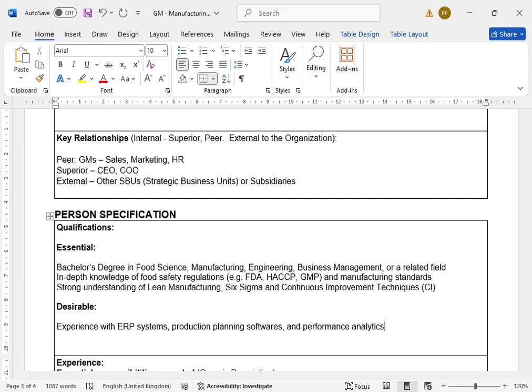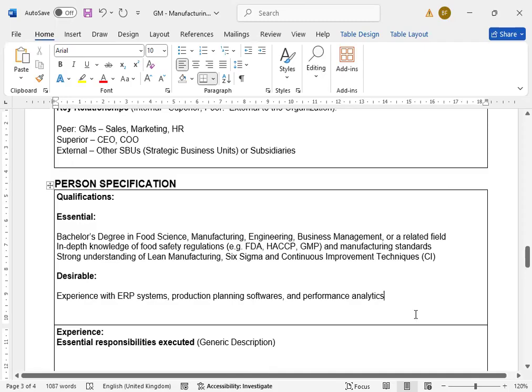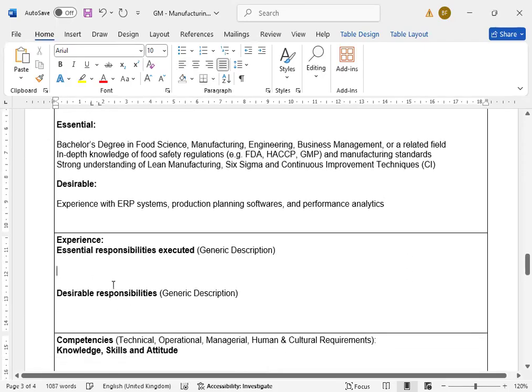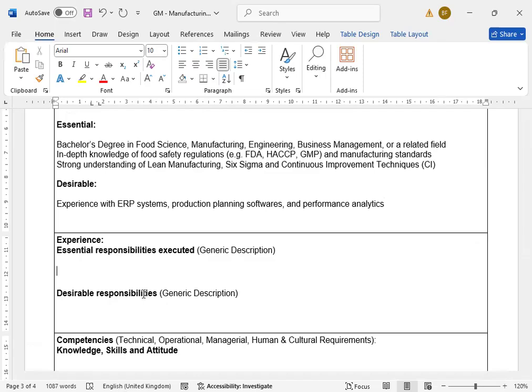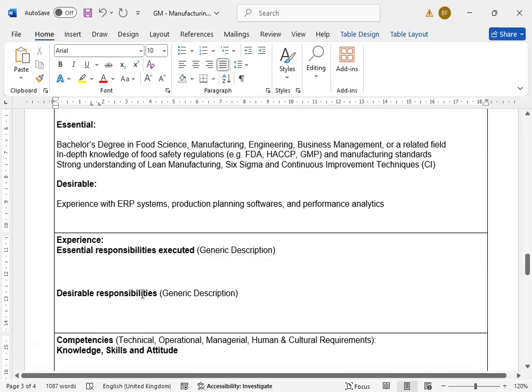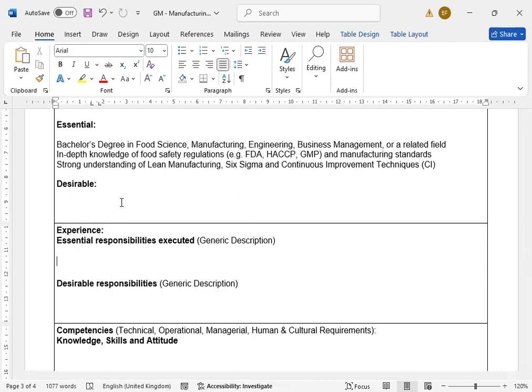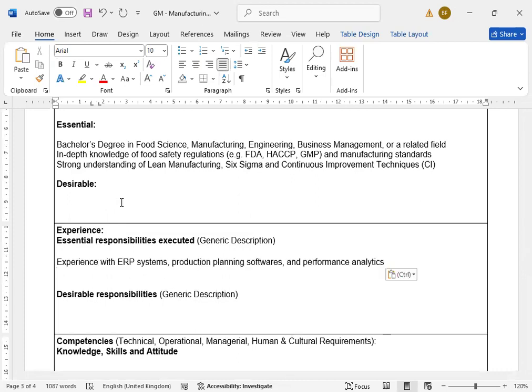You want to maintain the standard of the company, so statistics has to be monitored and managed. Okay. What about the desirable? Or rather, sorry, I think this would go to the experience. Okay, this should be experience.